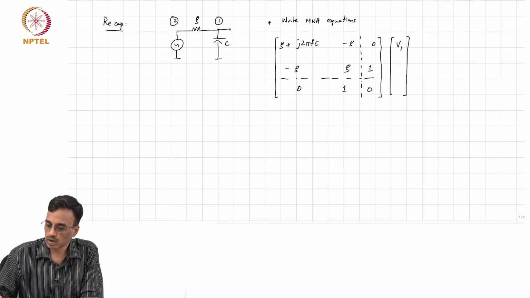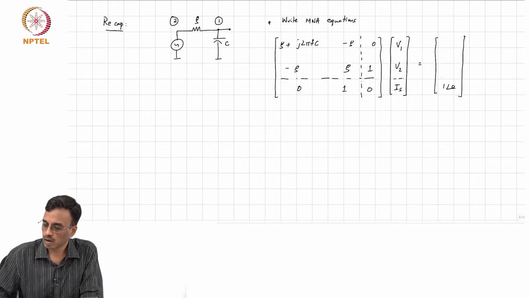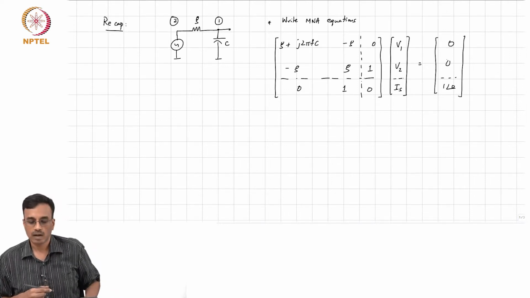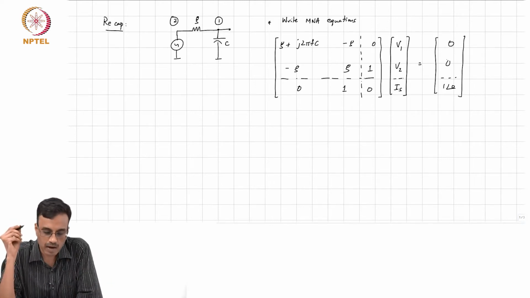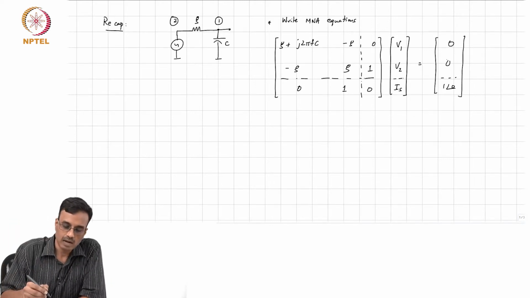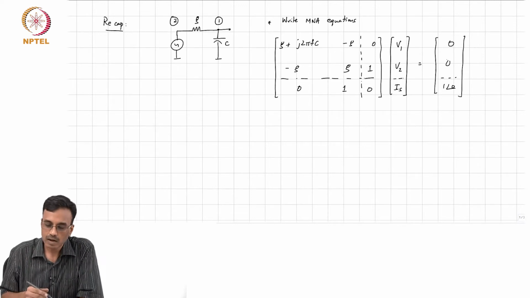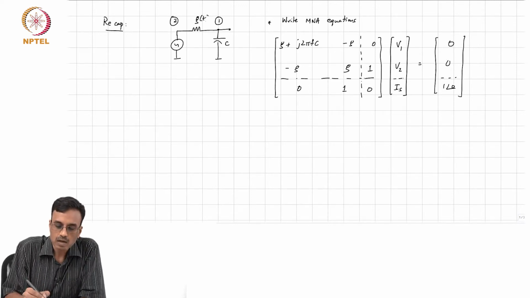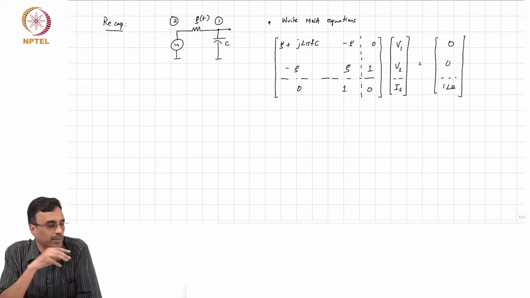So that's V1, V2, capital IS, right? That basically equals zeros, right?